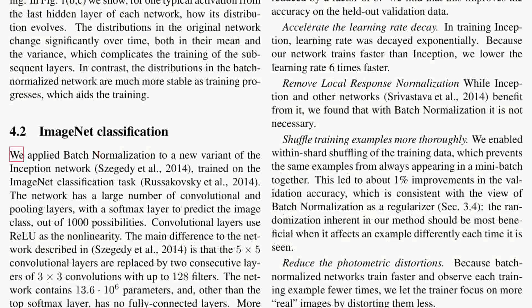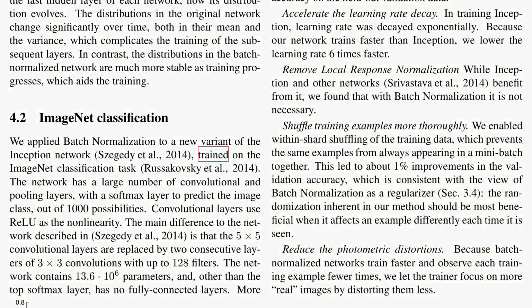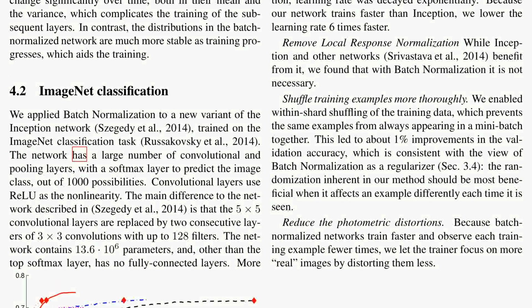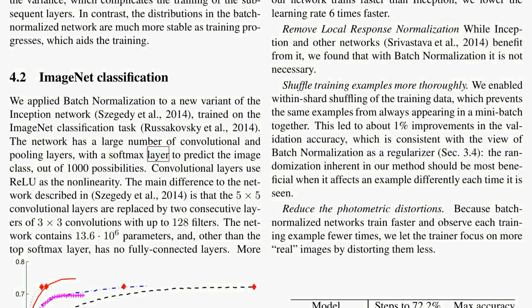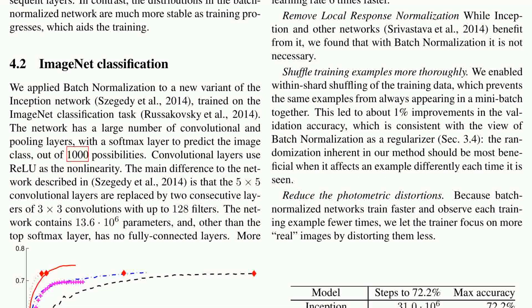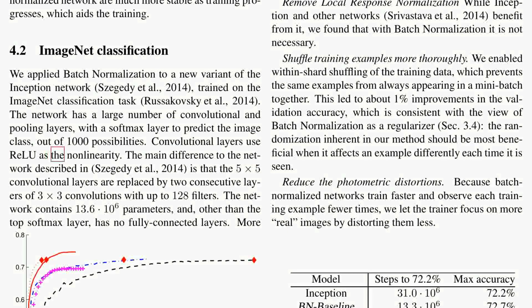ImageNet classification. We applied batch normalization to a new variant of the Inception network trained on the ImageNet classification task. The network has a large number of convolutional and pooling layers, with a softmax layer to predict the image class out of 1,000 possibilities. Convolutional layers use ReLU as the nonlinearity.